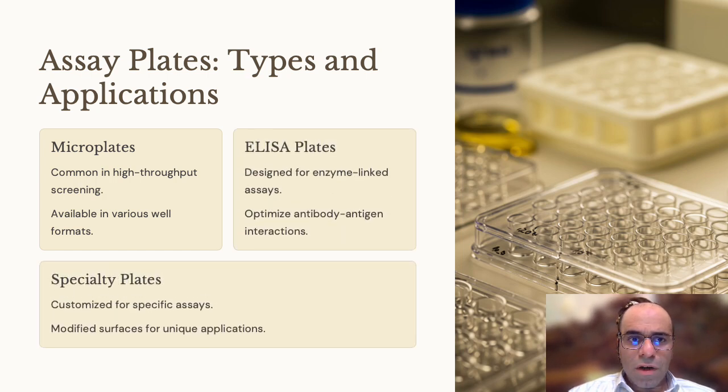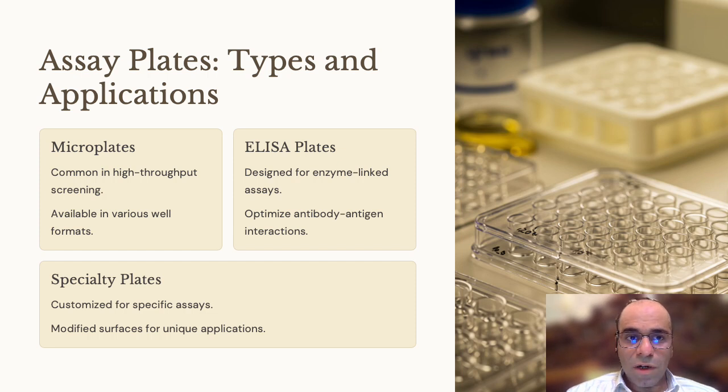The second ones are ELISA plates. They are designed for enzyme-linked immunosorbent assays, optimize antibody-antigen interactions through enhanced protein binding, and feature treated surfaces for improved molecule attachment, available with high binding or medium binding capacities for different assay requirements.